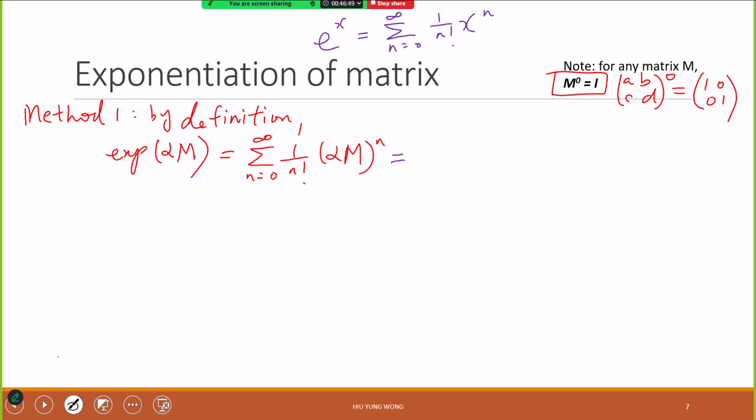Then when n equals 0, M to the power 0 is what? By definition, it's just the identity matrix. Then we have n equals 1, which is alpha M divided by 1 factorial. n equals 2, alpha M squared divided by 2 factorial. And keep going to infinity.